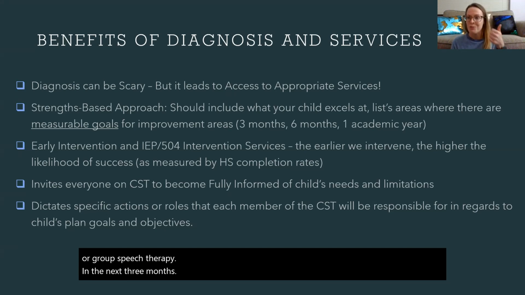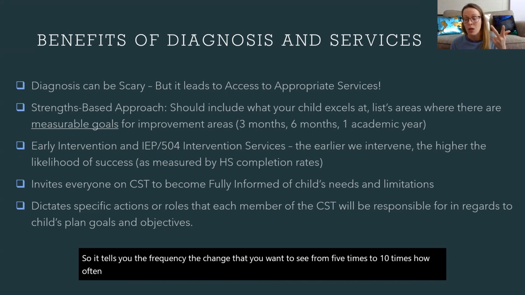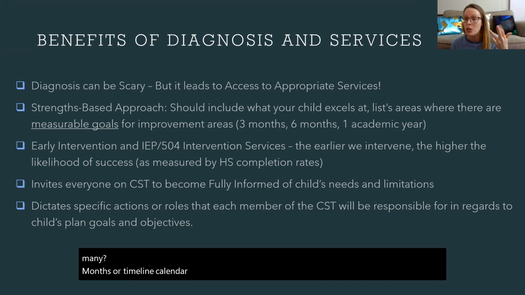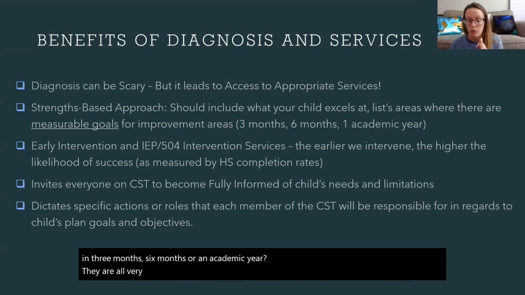So it tells you the frequency, the change that you want to see from 5 times to 10 times. How often? Once a week, 2 times a week, 3 times a week are they getting speech? And in how many months or what calendar-wise timeline? Do we hope to see this improvement in 3 months, 6 months, or an academic year? They are all very specific and measurable. And if they are not, they should be.